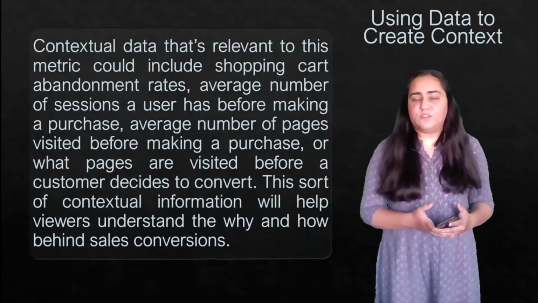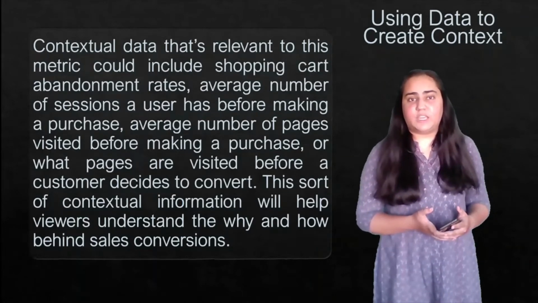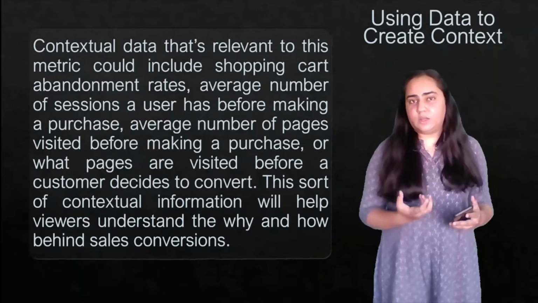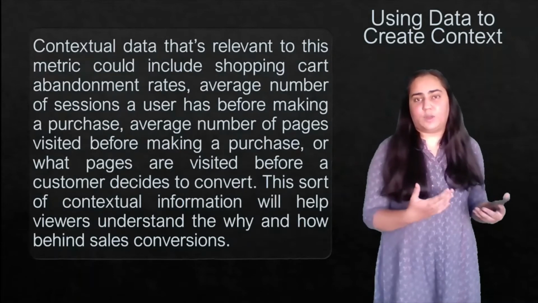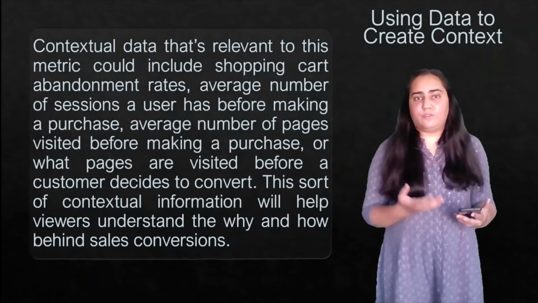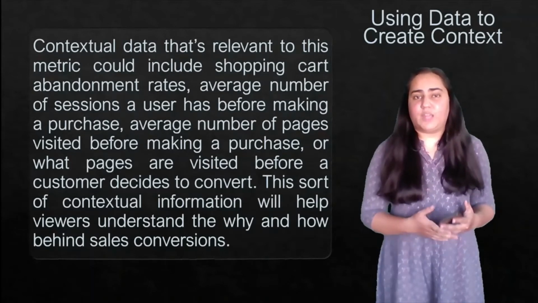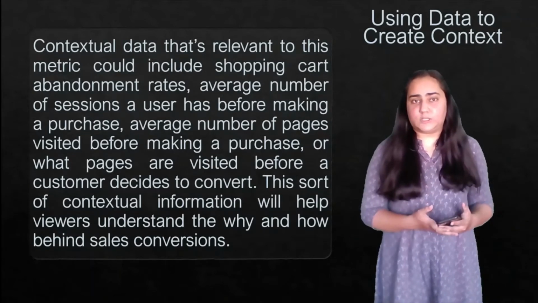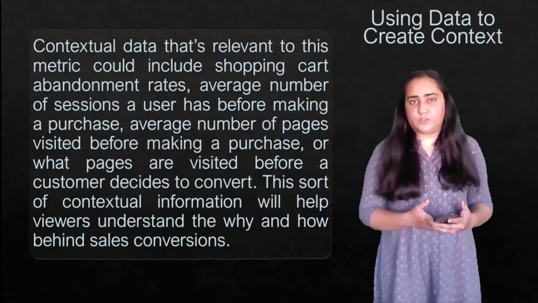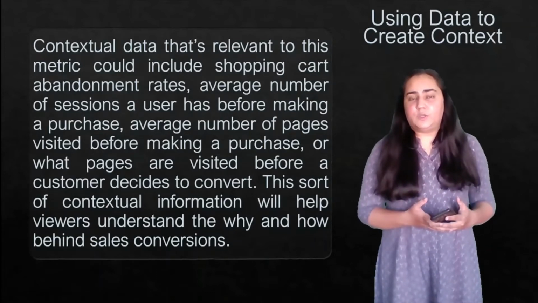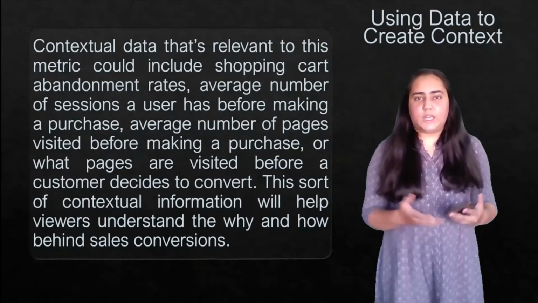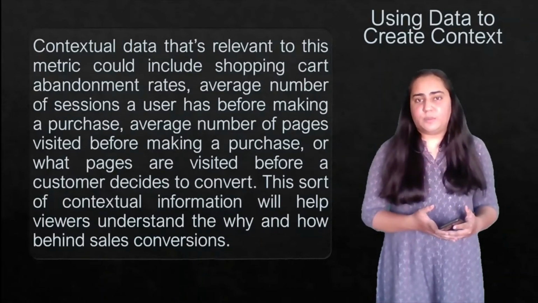Second is the average number of sessions a user has before making a purchase. So for how long is the user using your website or application before making a purchase? Is he opening it for 10 days in a row and then deciding whether or not to make a purchase? That would be another contextual data that you could add to your visualization. Then average number of pages visited before making a purchase.